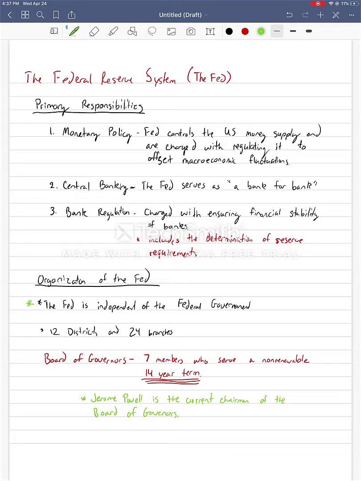The Fed earns interest on government securities, and actually let me write that out because that's also very important to know. So the Fed is self-supporting.